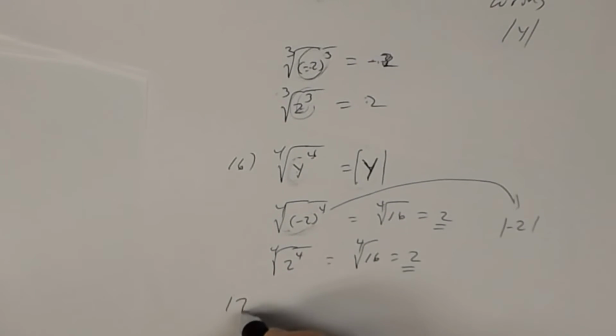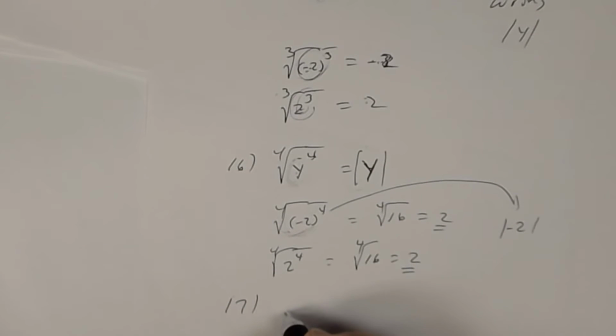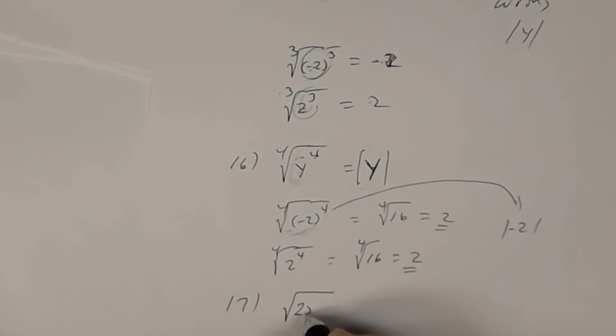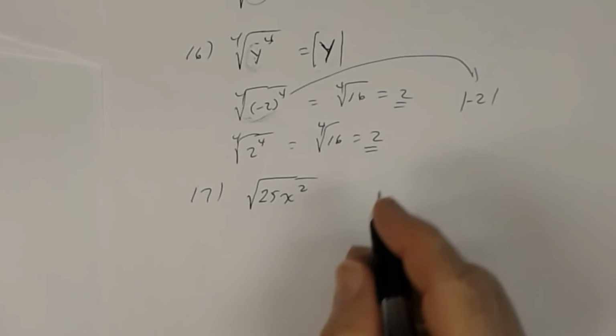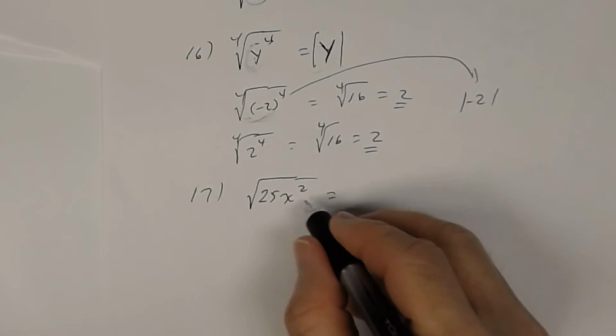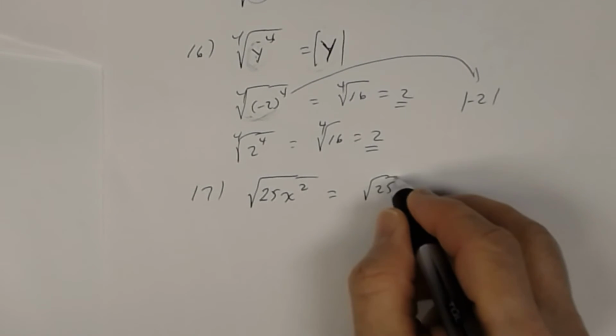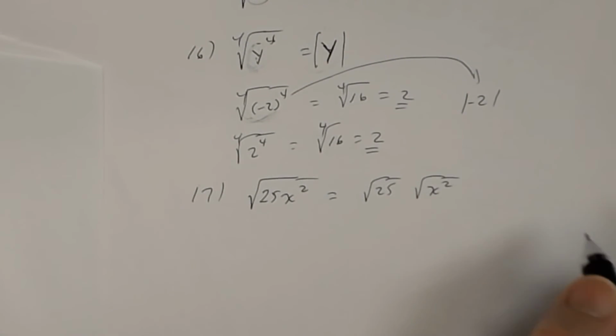All right, number 17. Let's look at 17. Suppose you had, let's say, the square root of 25x squared. So remember the product rule that we learned in a previous lesson? I can write this as the square root of 25 times the square root of x squared, right?